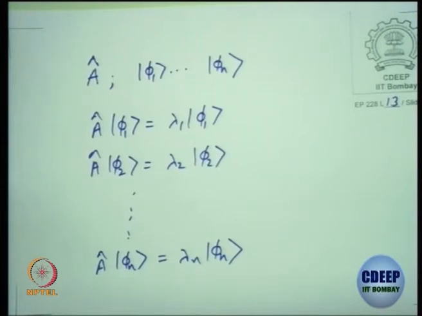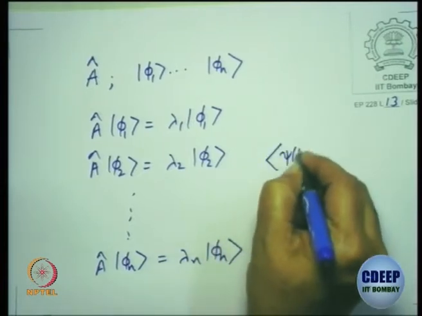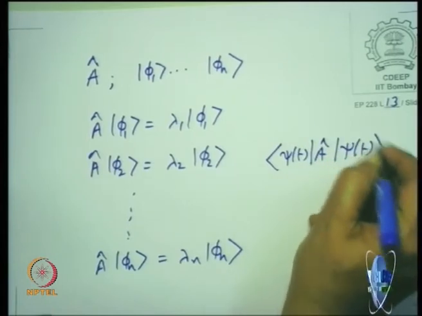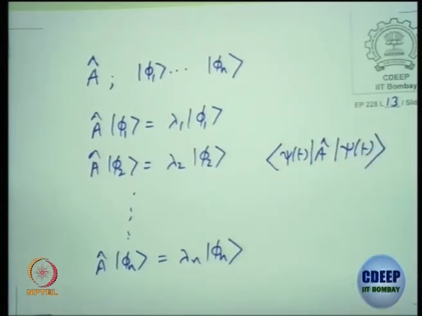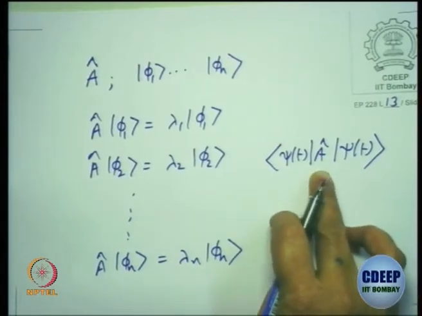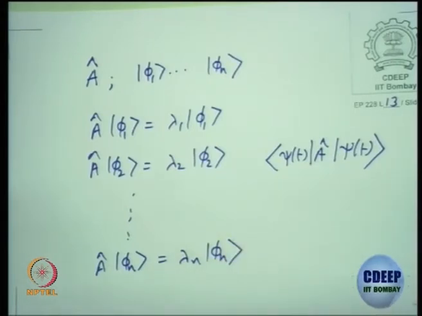Typically when I ask to find the expectation value of the A operator, suppose I ask you what is the expectation value of the A operator with a state at time t, at some arbitrary state psi of t. Ideally, you should insert the complete set of bases, identity operator, which is an eigen basis of the A operator, so that you can proceed. This is what we did earlier.